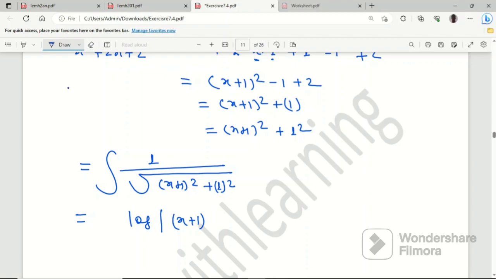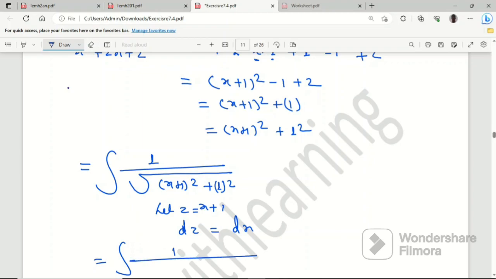If you are having difficulty, you can substitute. Right now I'm just showing it for one question. We can let z equal x plus 1. So differentiation of z with respect to x will give me dx. It will be the same thing, but in the form of the formula, so it will be z square plus 1.